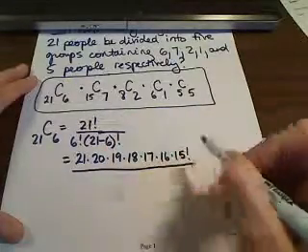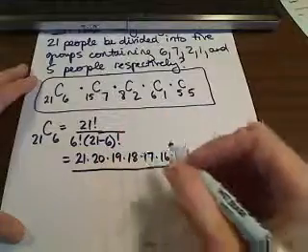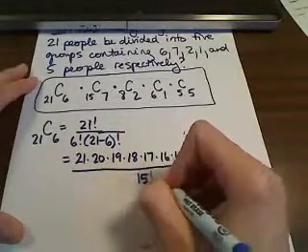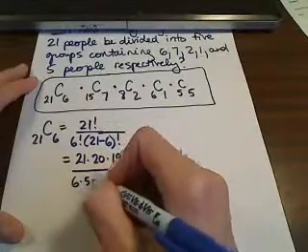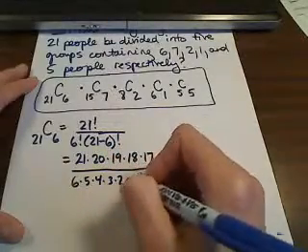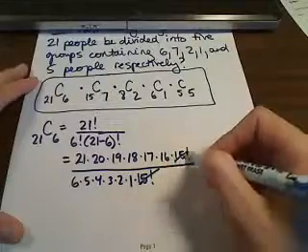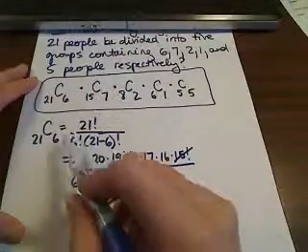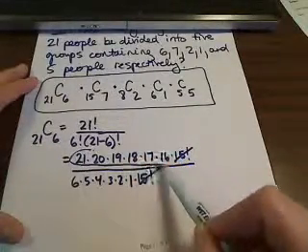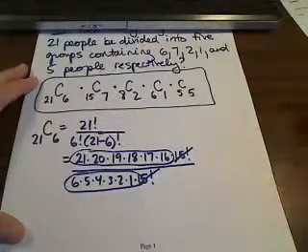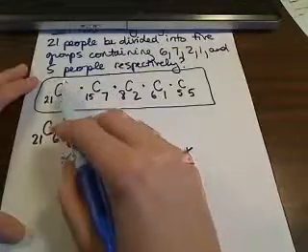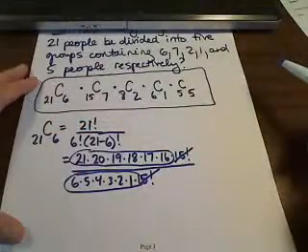I'm going to stop it at 15 factorial because my 21 minus 6 is 15 factorial. My 6 factorial is 6, 5, 4, 3, 2, and 1. So these 15 factorials will cancel, and then to figure out what this is, you're going to take the top, multiply it out, take the bottom, multiply it out, and then divide. And you'll get just the number for a combination of 21 taken 6 at a time.